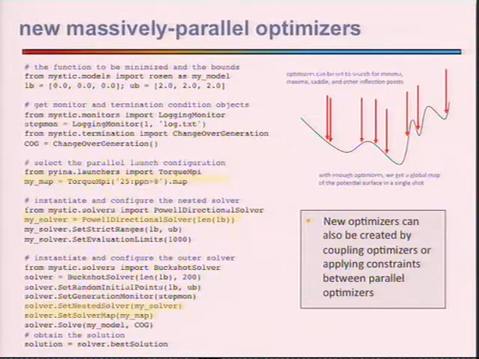I can serialize my whole optimizer and pass it off to another machine, put it in the database, pull it out, restart. I have full restart capabilities because I serialized the entire optimizer with the state and everything else in it. So that's nice. I can have these start and then pass them off to another machine.